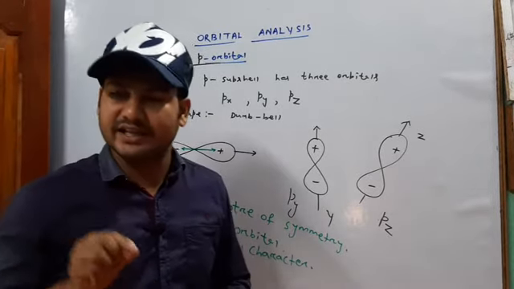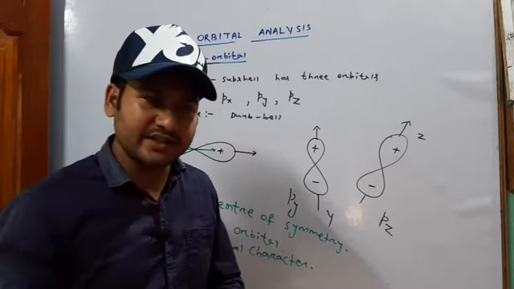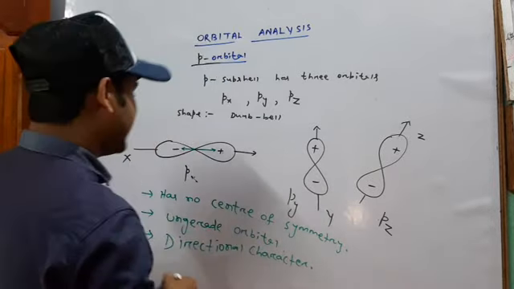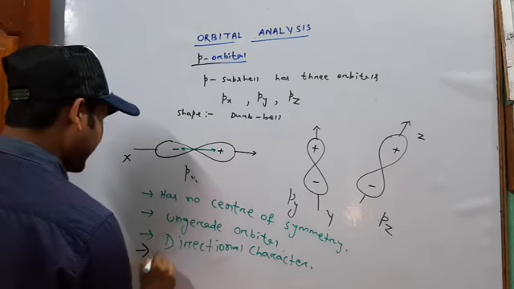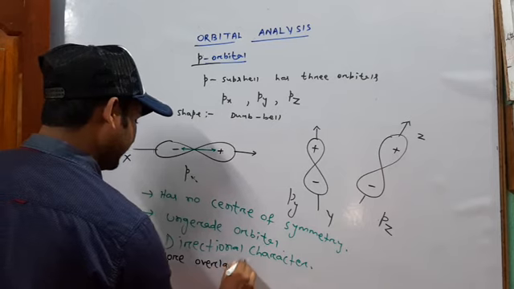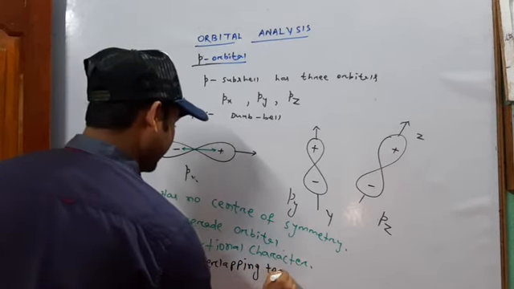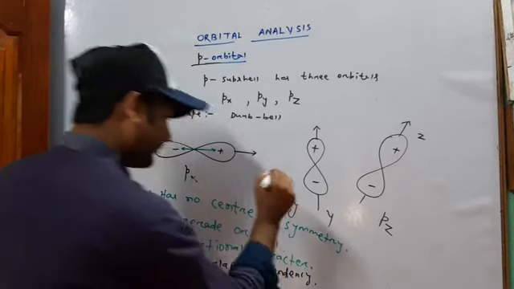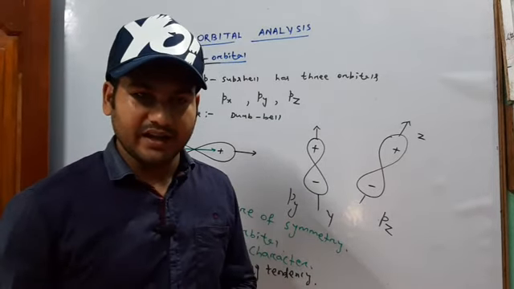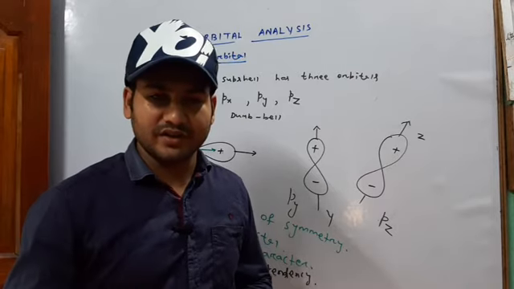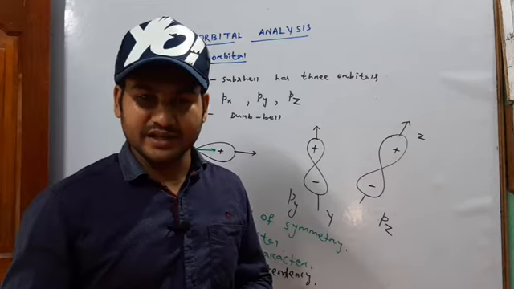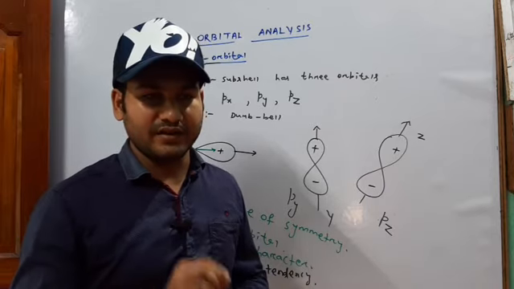As the p orbital has directional character, it has more overlapping tendency. This is all about the p orbital. In the next class, we will discuss the shape of the d orbital, or the d subshells. It is very important for chemistry.